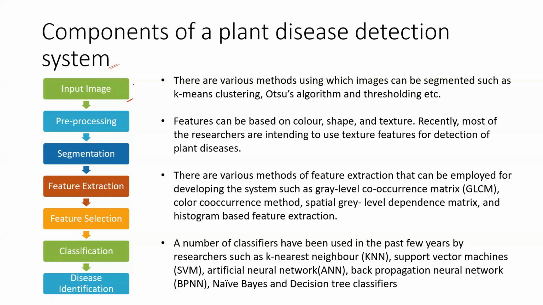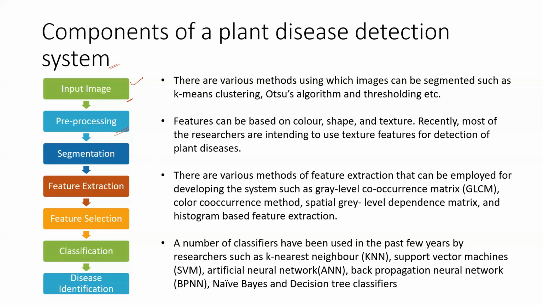Select that particular image and apply pre-processing on it. Pre-processing is very important. Pre-processing means you remove the noise from the image, and you increase the number of images. For example, if images are very few, apply pre-processing techniques like shearing and rotation to increase the images.